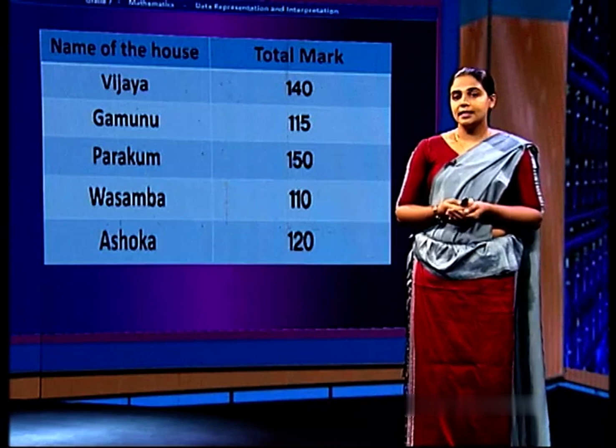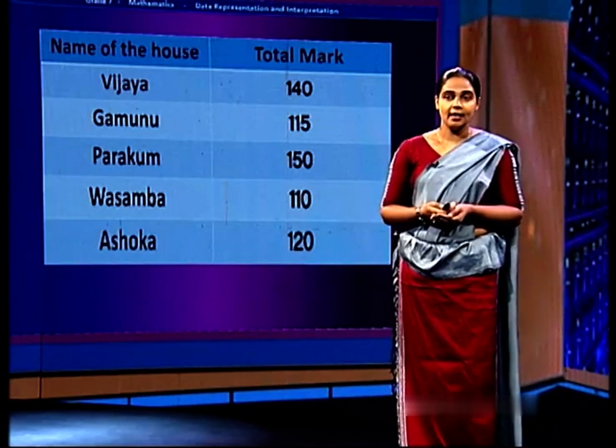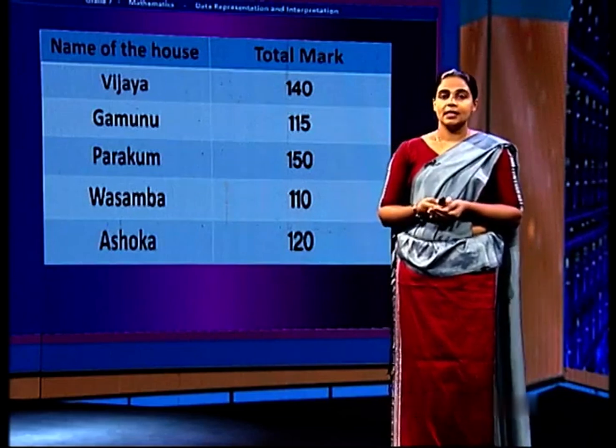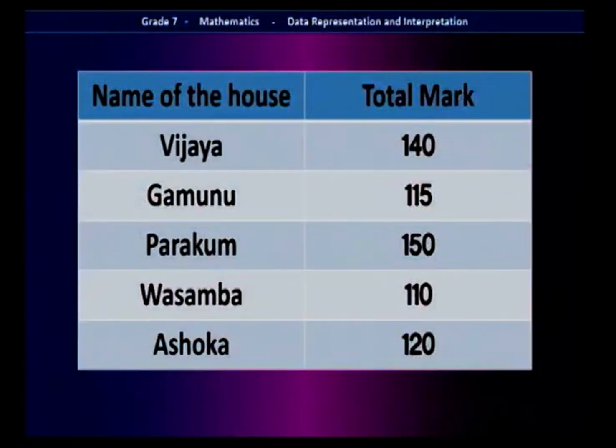What is the mark collected by House Vijaya? It is 140. The house Gamunu collected 115 marks. Parakum 150 marks. Vasamba 110 marks. Ashoka house collected 120 marks.